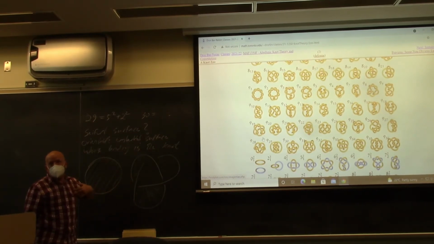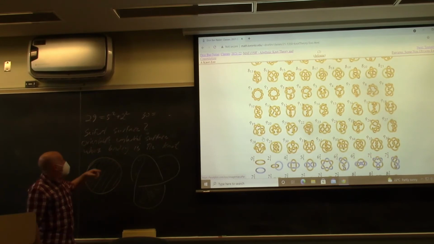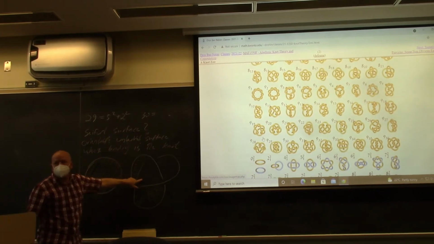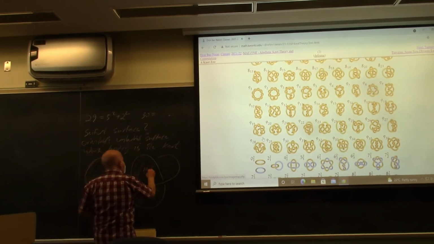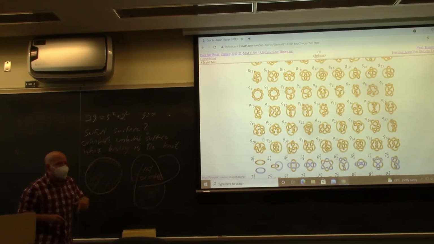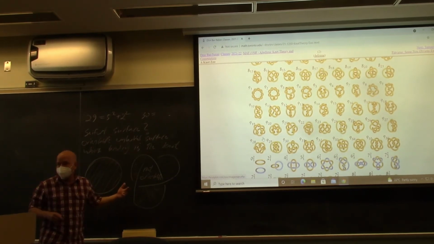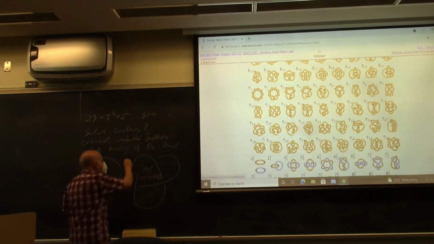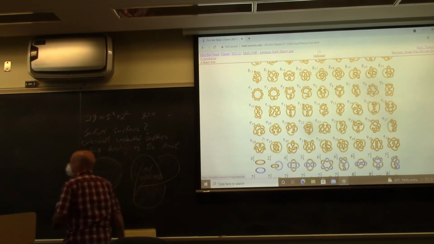But I forgot one word, and the word I forgot is orientable. This is not an orientable surface. So this is not orientable. So if the trefoil is the boundary of a surface, I am yet to show it. Okay? So this is a bad example.